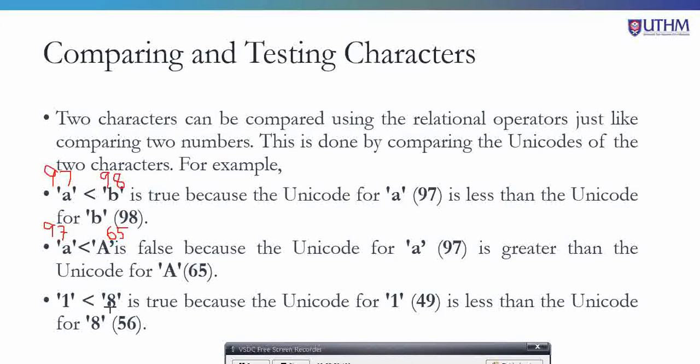Then 1 less than 8. 1 is 49, 8 is 56. Okay, 49 less than 56. So the answer is true. So we can perform this kind of operation in Java by using relational operators.